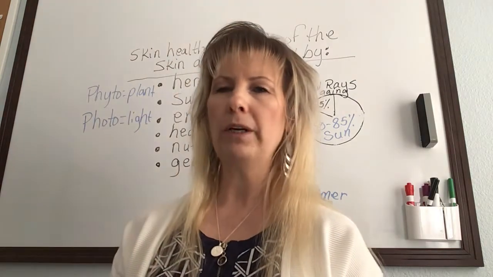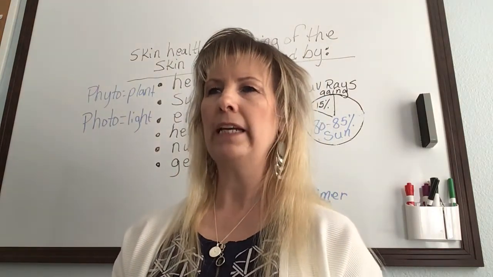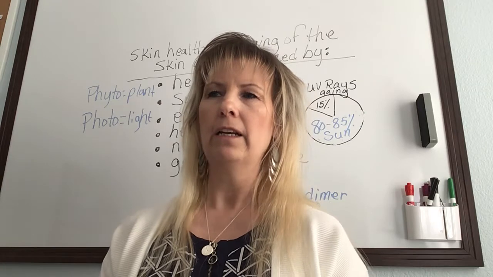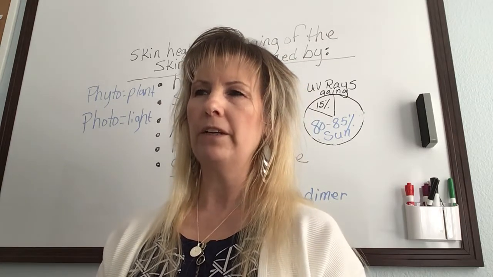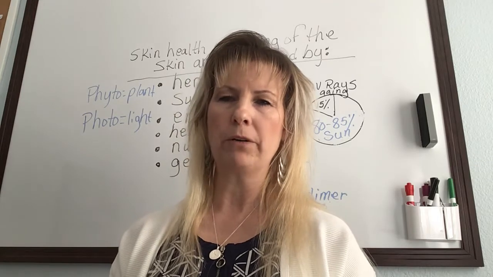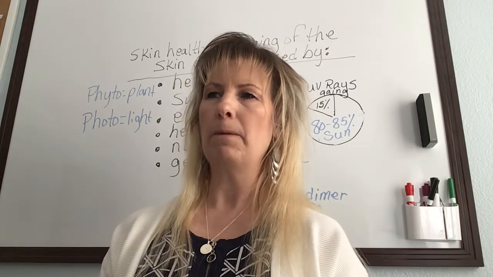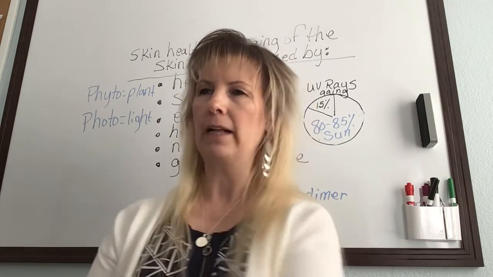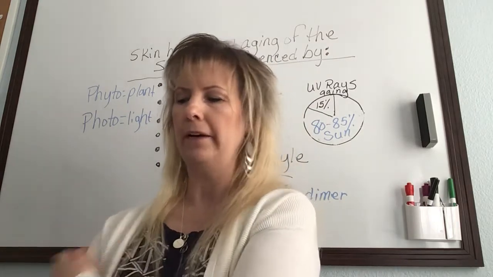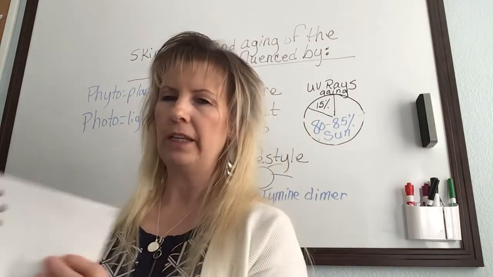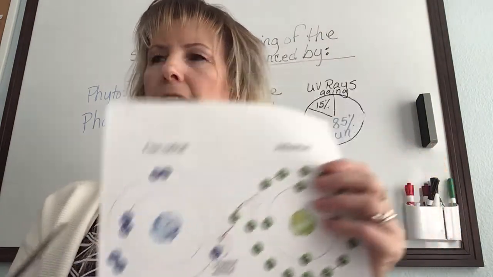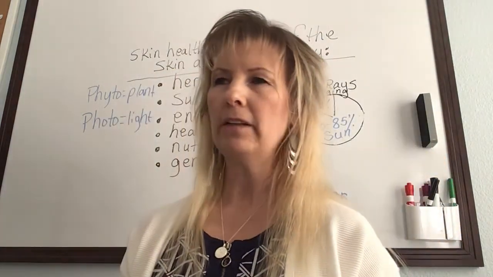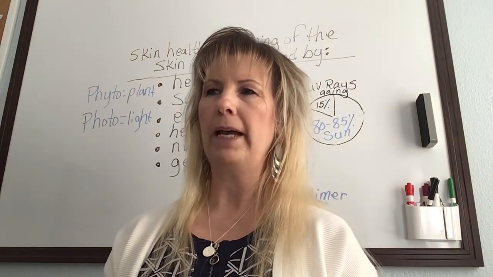Now, we're going to go into free radicals, and all the cells in our body like to be in a state of homeostasis, from individual body systems to microscopic cells. So molecules are in balance when electrons are paired. So I'm going to show you here. Here we have paired electrons, okay? And so when they're paired like that, those molecules are in balance.